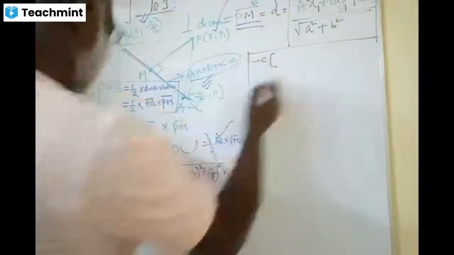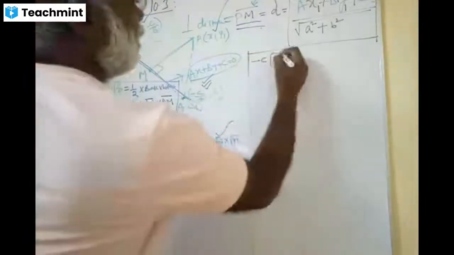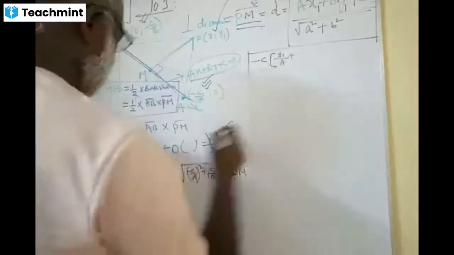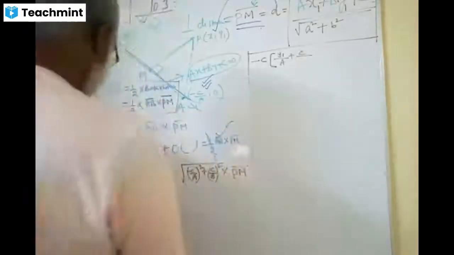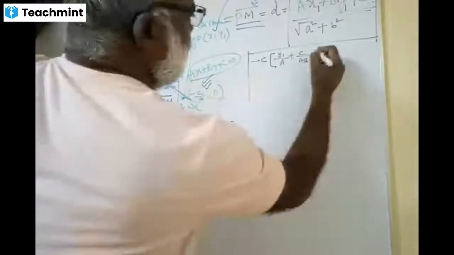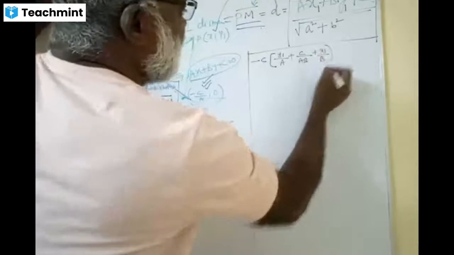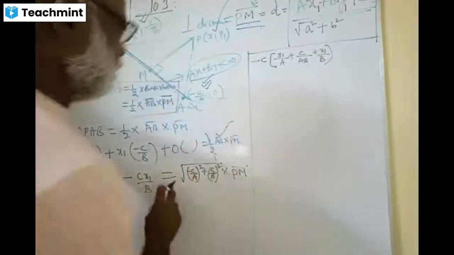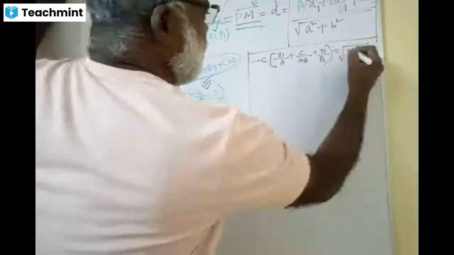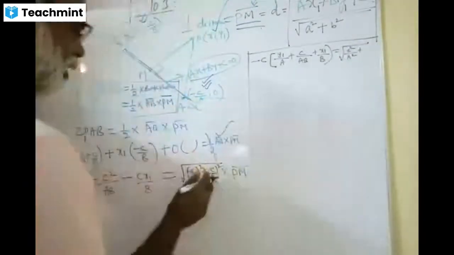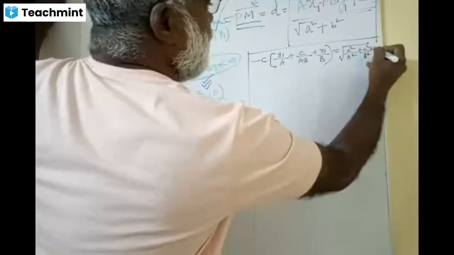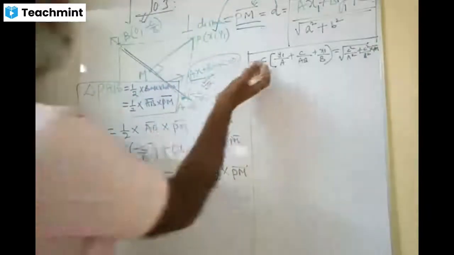Minus C, if you take it, you get y1 by A plus C by AB plus x1 by B. That is equal to, my dears, root of C square by A square plus C square by B square into PM. Let us adjust a little.